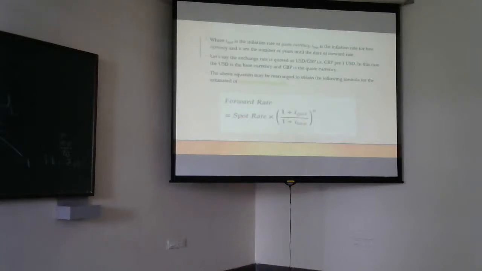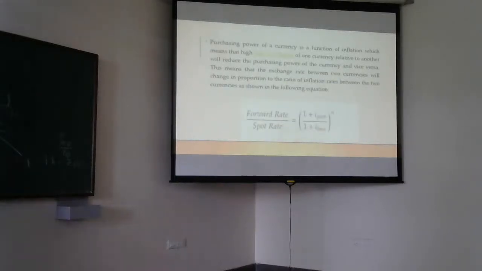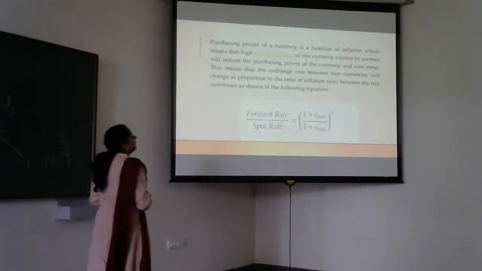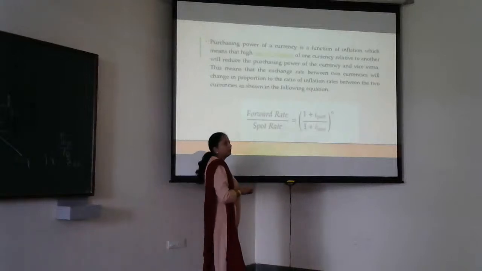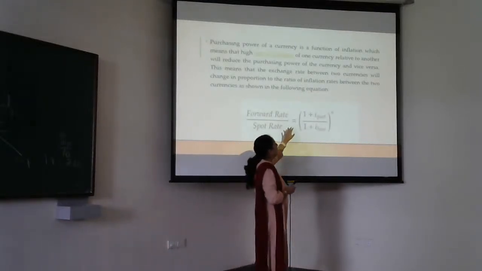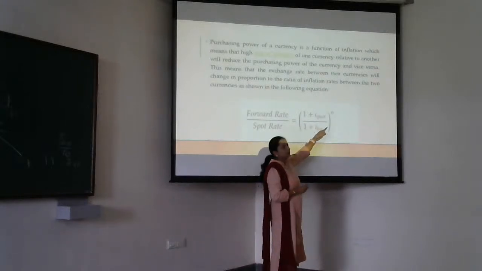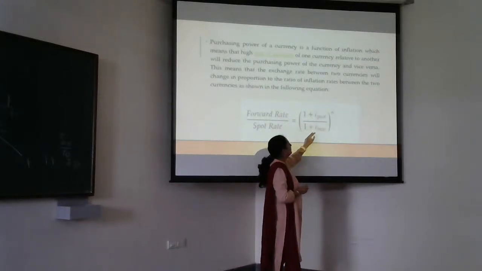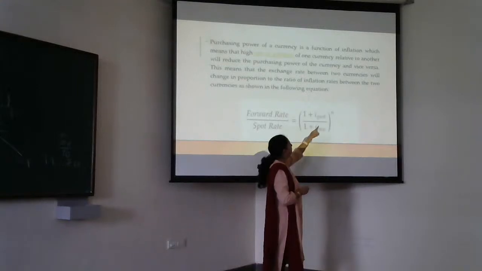Example here. So what exactly in this particular formula that they are giving us here is where they are telling forward rate by spot rate. So forward rate by spot rate is basically equal to (1 plus I quote) divided by (1 plus I base), to the power n.